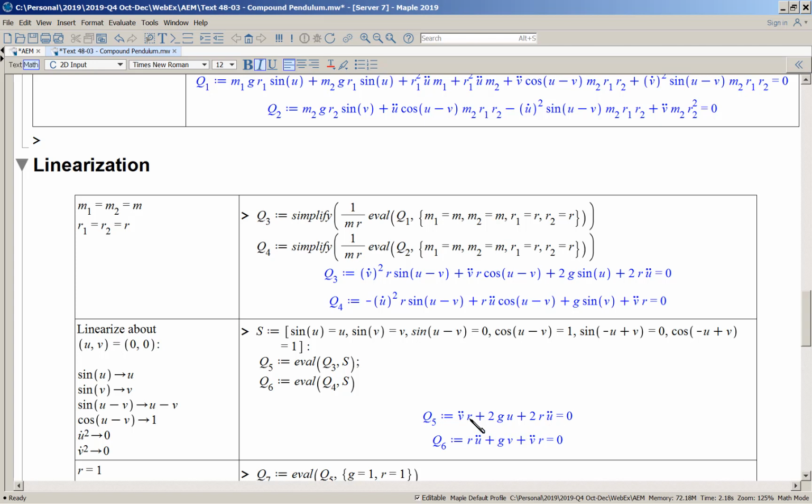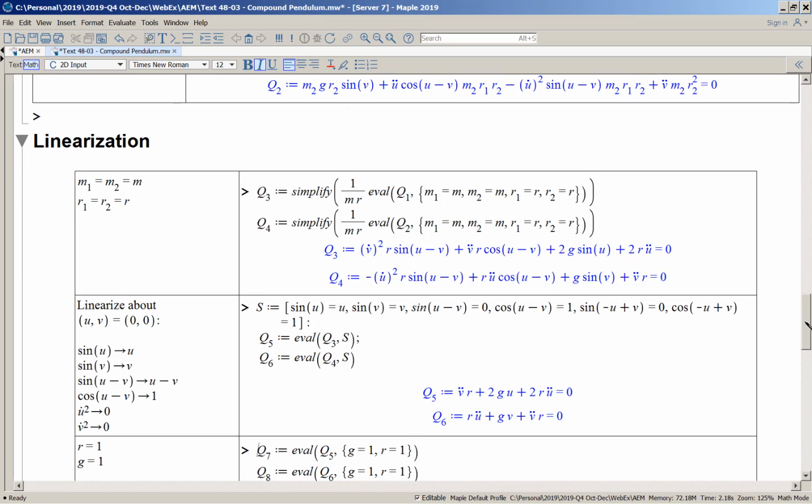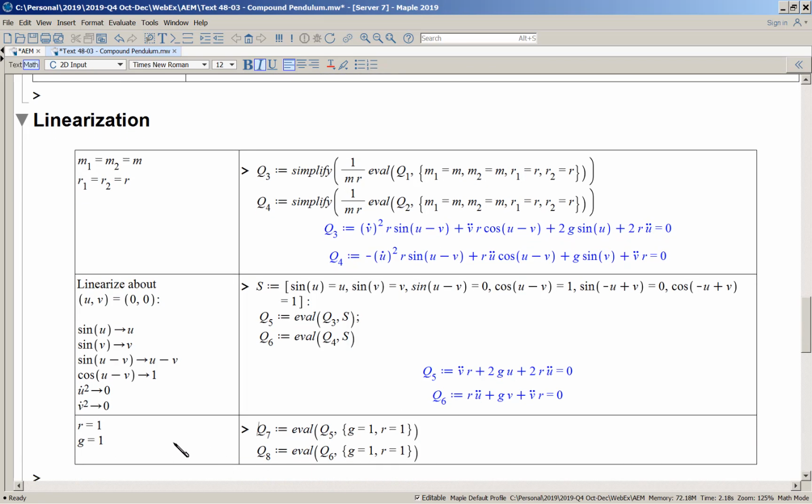So there is an r and a gravitational constant g, and if you have enough patience, you can actually solve this pair of equations with pencil and paper. It's not pretty, but it can be done. But I'm going to make a further simplification. I'm going to take r equal to 1, and then, unholy of unholies, I'm going to set g equal to 1, the gravitational constant. Oh, look.